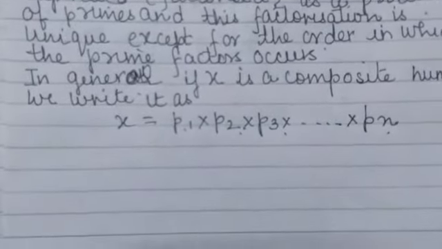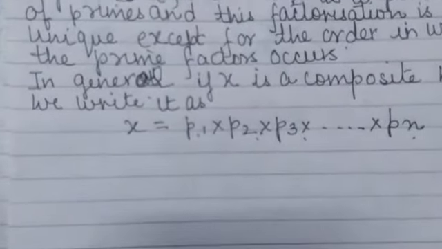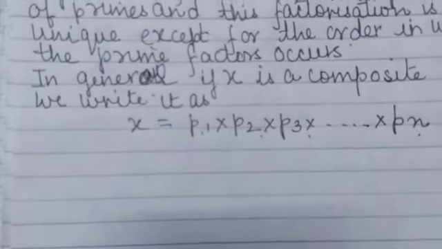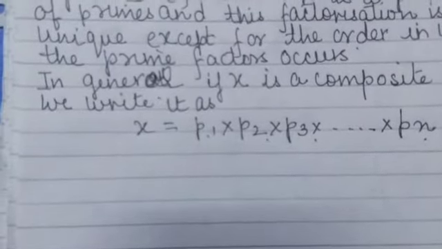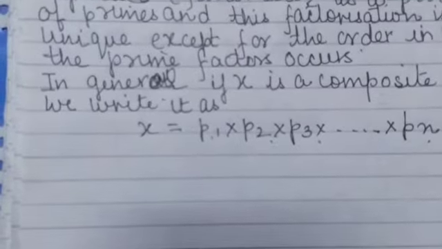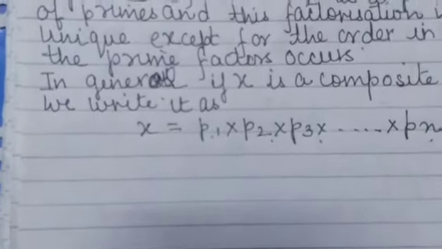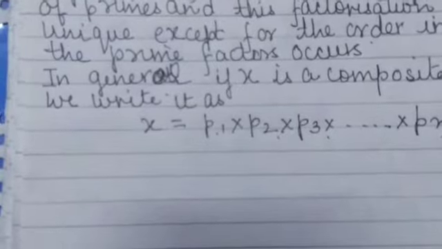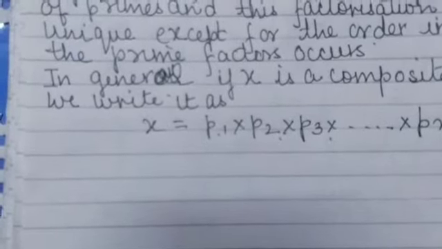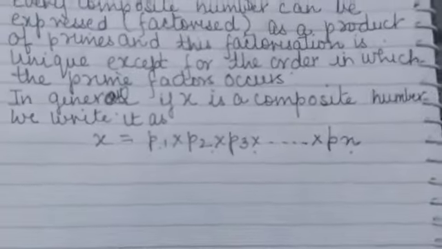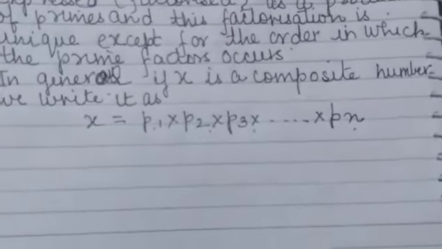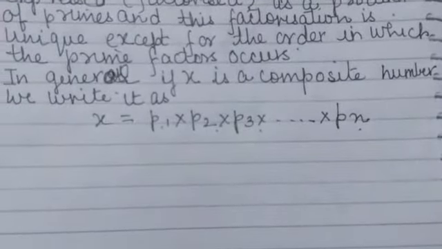They are prime numbers, and they can be multiplied with powers according to the given situation. In order, we generally consider p1 smaller than p2, p2 smaller than p3, and so on. Okay?